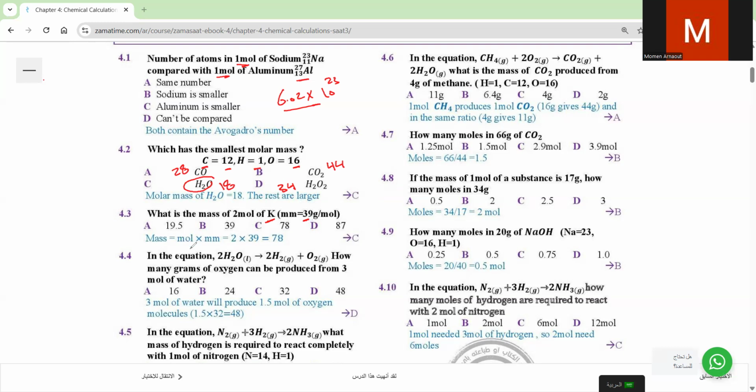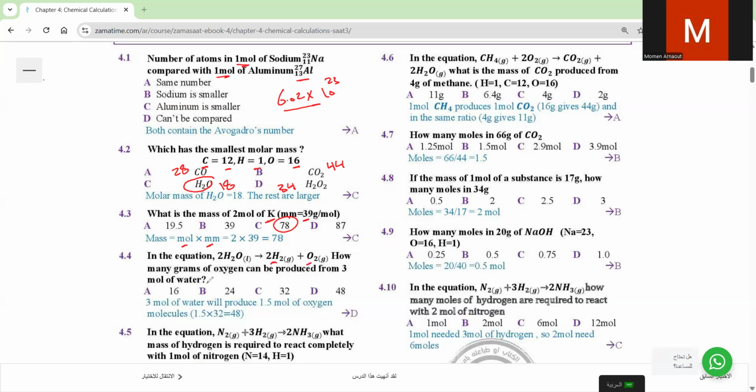So how can I find the mass? Mass equals number of moles times the molar mass. It's a direct conversion, and the answer is 78.